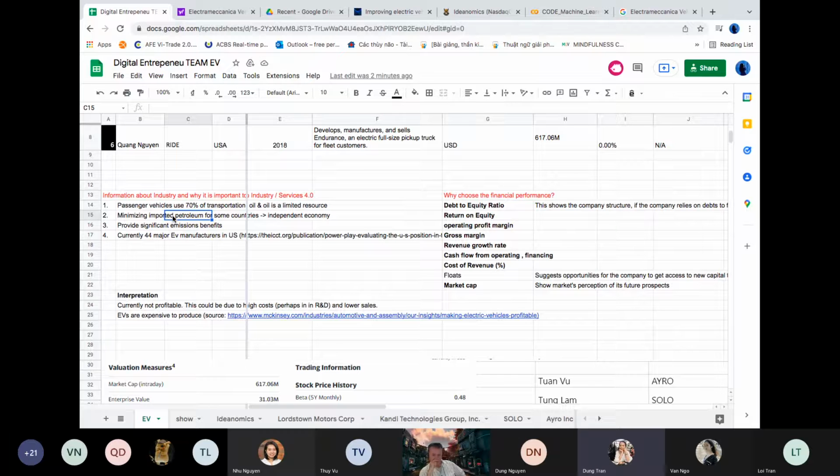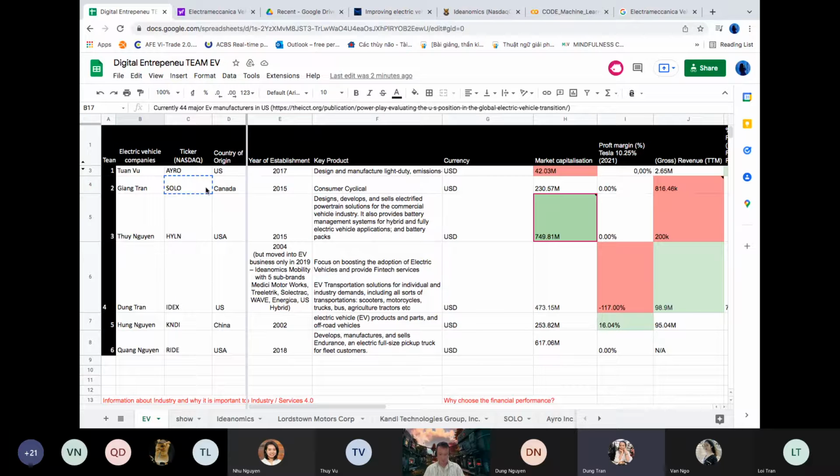It helps minimize the imported petroleum for certain countries, and it helps to cut down emissions. So we believe that EV is the future of our humankind. Once the facilities and infrastructure are ready, it will grow really fast. There are currently 44 major EV manufacturers in the US. And so these are the companies that we got.